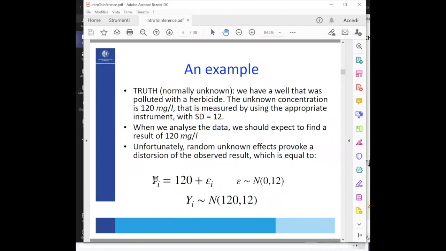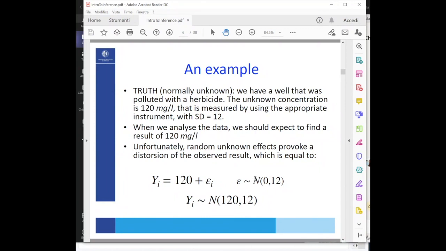You see that y observed for each of the i elements is 120 plus epsilon, where epsilon is not to be modeled because it's random. So we use a probability density function to describe epsilon, as we said last time.